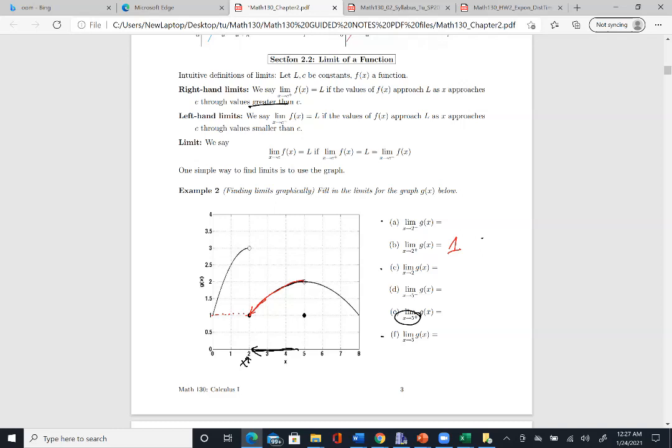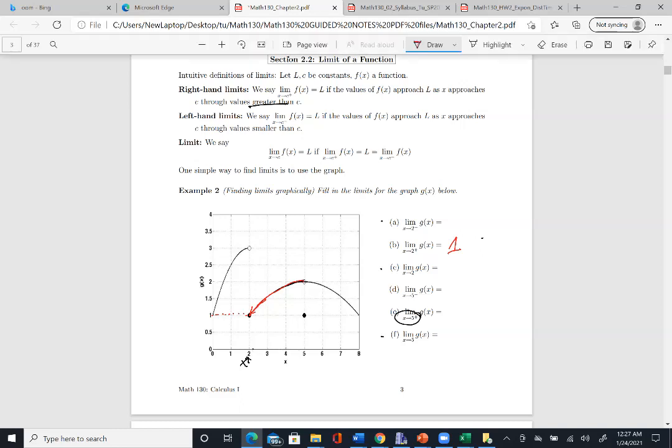What about 5? The right-hand limit of g(x) as x goes to 5. Let me change this.